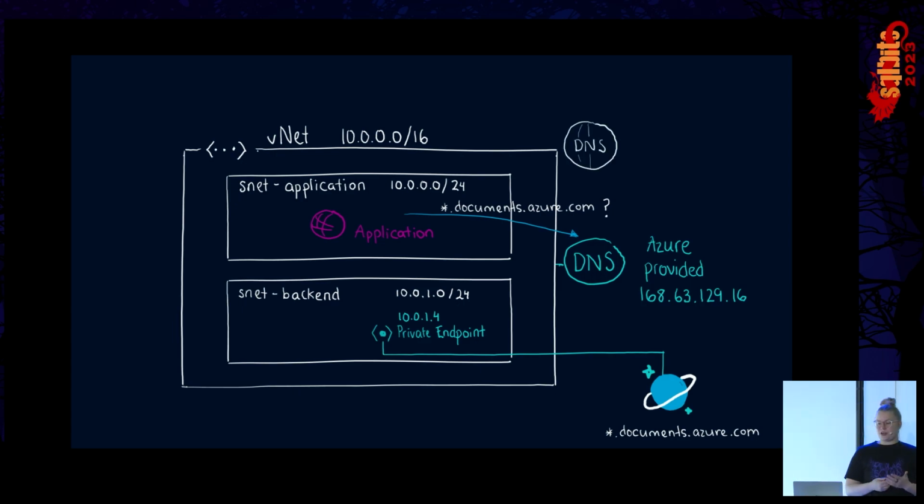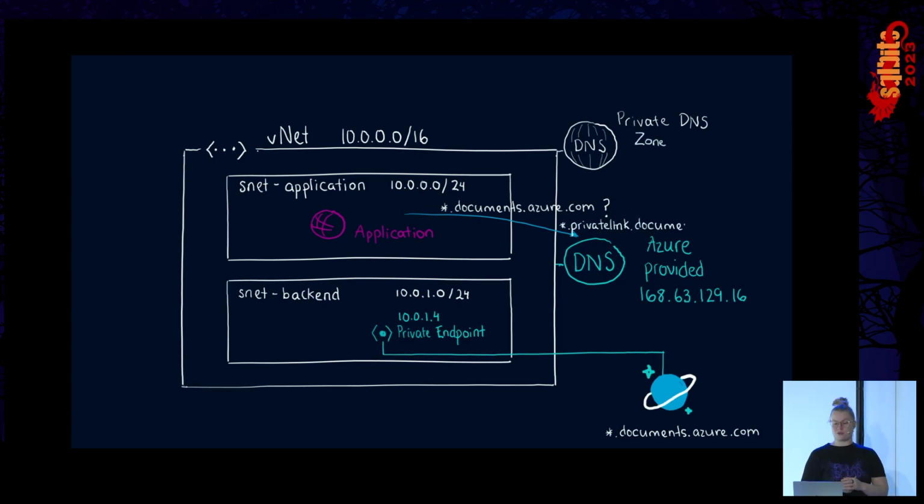So when we start to do the name resolution for this, when our application goes to the Azure-provided DNS, it gets a different kind of result. It gets back that, hey, we have this privatelink.documents.azure.com answer for this name resolution that we're trying to do. And that tells it that, hey, this now has a private endpoint that we need to check. So we need to have some kind of private DNS in place, and the easiest way to handle that is private DNS zones.